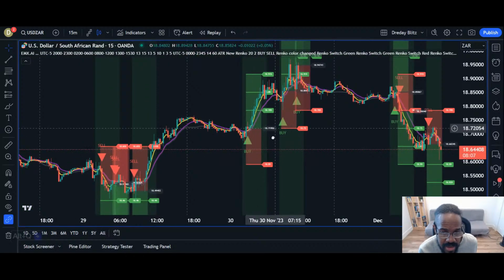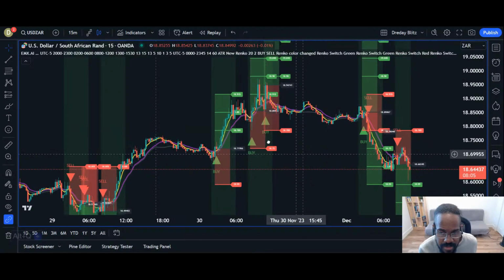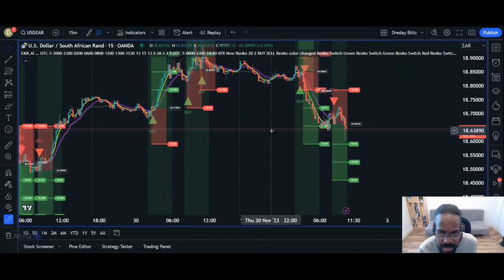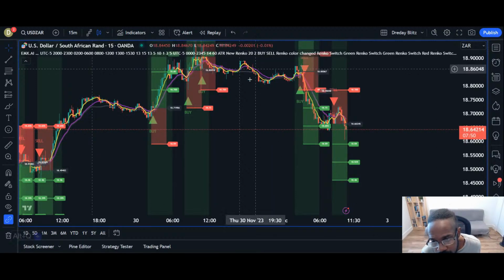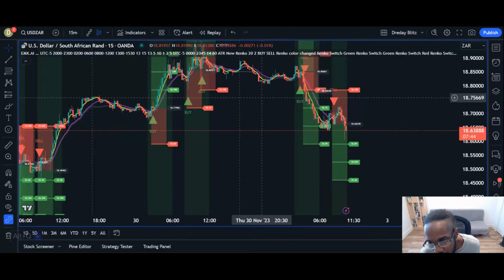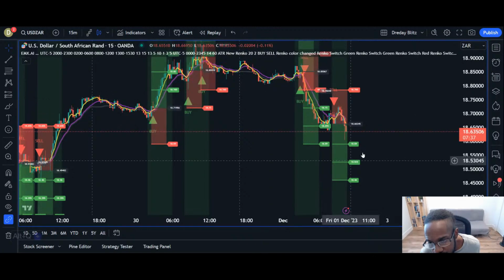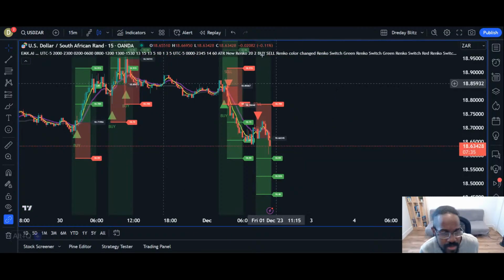And yesterday we had a few TP3s that were hit. That's a beautiful trade on USD ZAR.